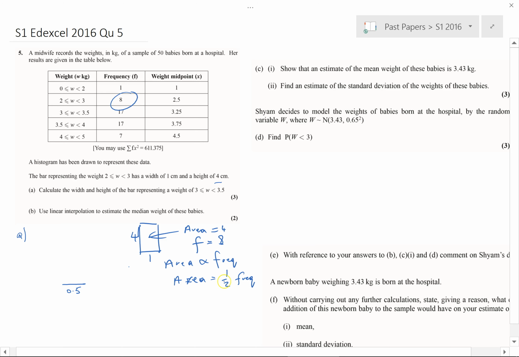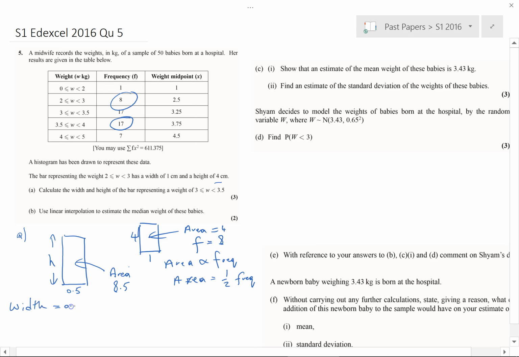So we know, because the frequency of this is 17, the area of this needs to be half of that, which is 8.5. Okay, so that just leaves h. So let's say width, just to be clear what we're doing.